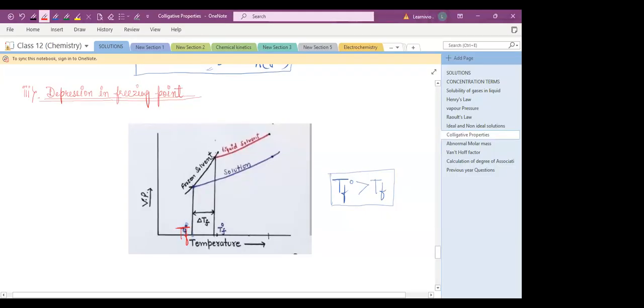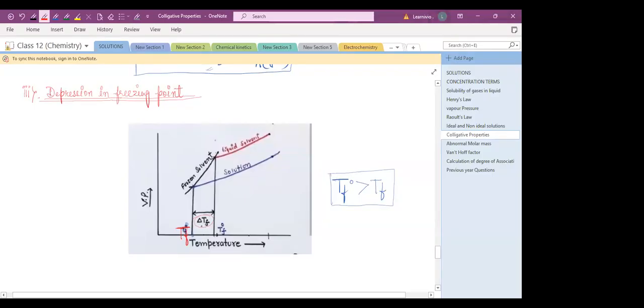So this intersection just tells about the freezing point of the solution. Now see, the difference between the freezing point of your pure solvent and the solution freezing point is known as depression in freezing point, which is denoted by delta TF.